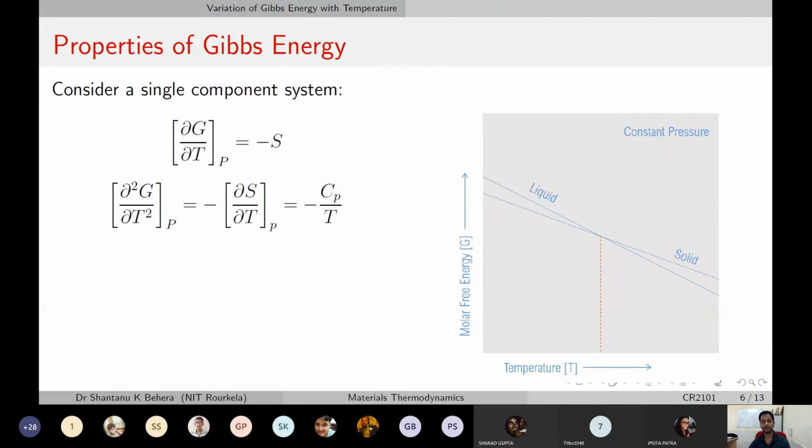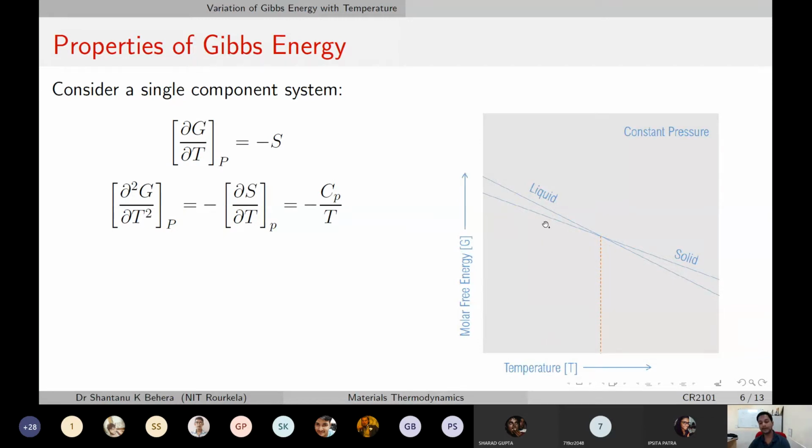If you go back to your notes, you'll see that. That means that in a constant pressure situation, it simply becomes dG equals 0 minus SdT. Now if you take the partial of the free energy with temperature at constant pressure, that gives you minus S, minus entropy.